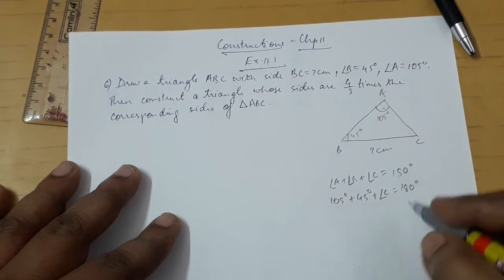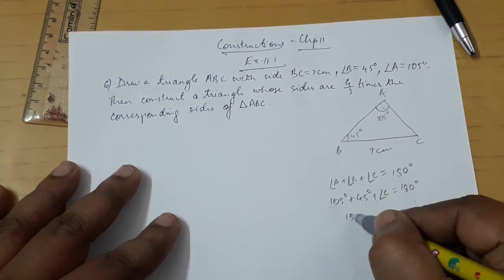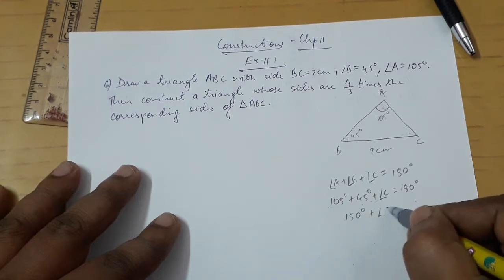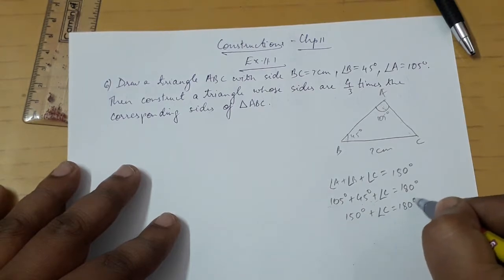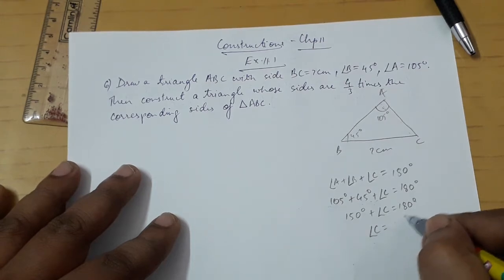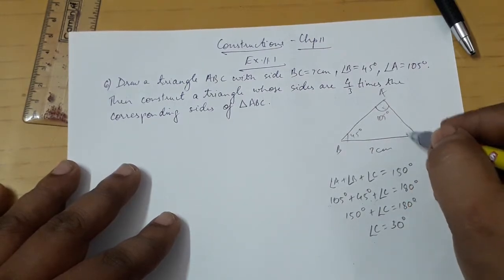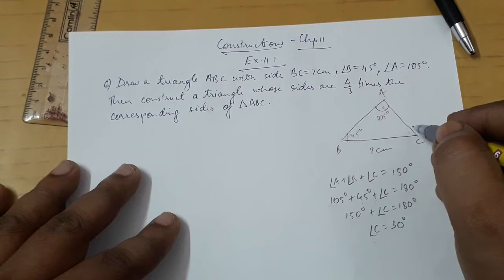Everything is equal to 180 degrees. If we add these two, this will give us 150 degrees plus angle C, which is equal to 180 degrees. If we take 150 degrees to the other side, it becomes negative. 180 degrees minus 150 degrees will give us 30 degrees. So what we know is that angle C will become 30 degrees.